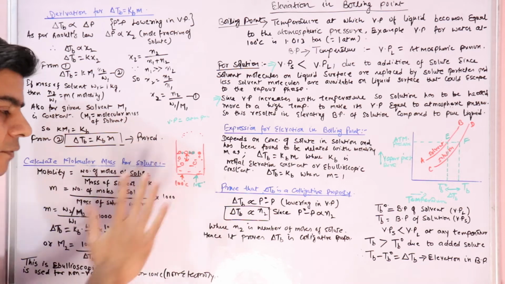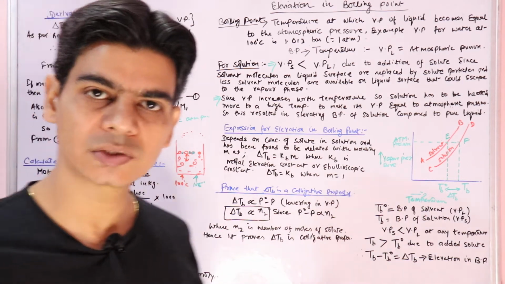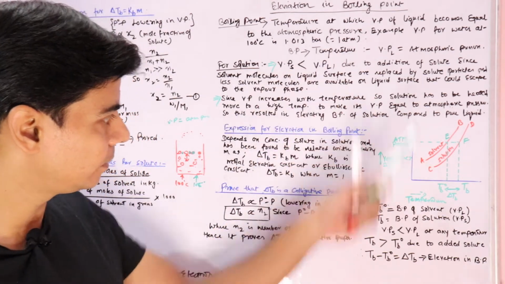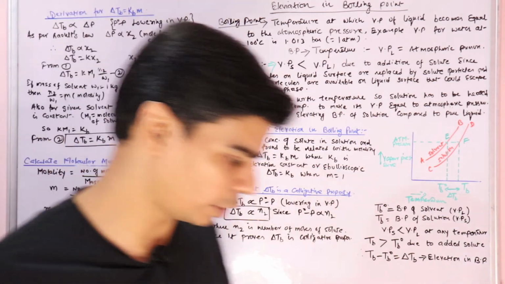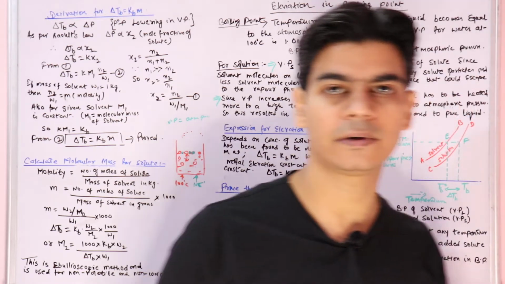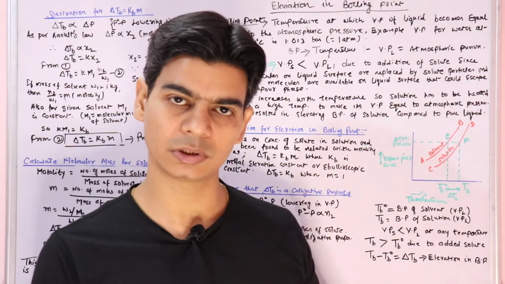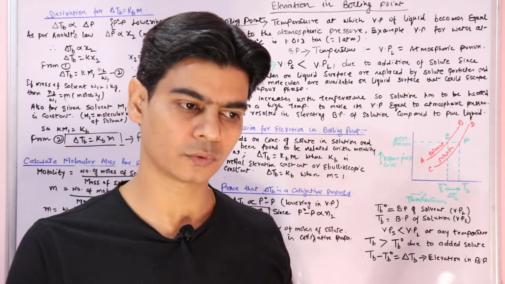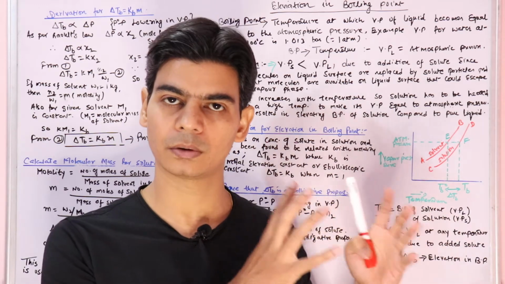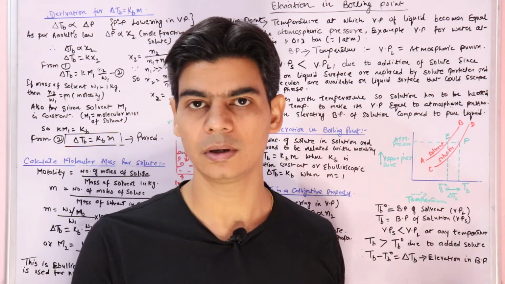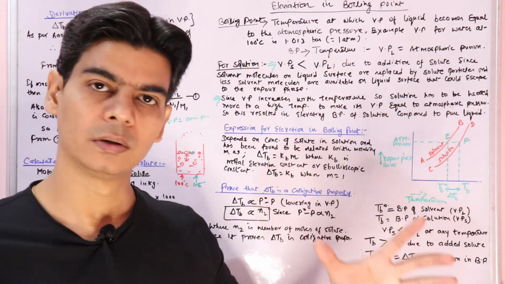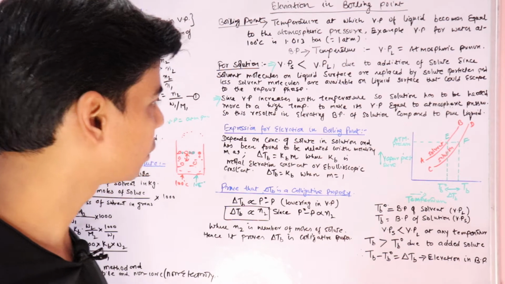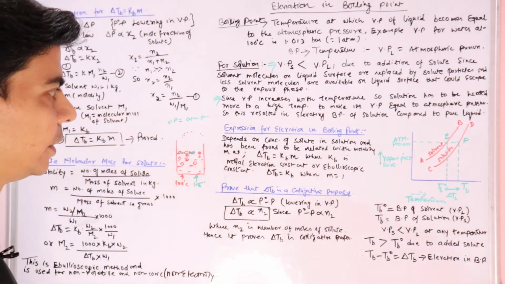So the elevation in boiling point depends on the concentration of solute, and in connection to elevation in boiling point, we'll be discussing concentration in terms of molality. Molality is the number of moles of solute dissolved per 1000 grams of solvent, or per kg of solvent.